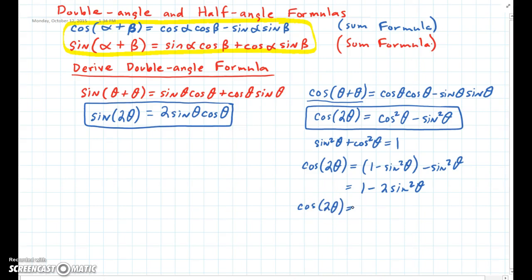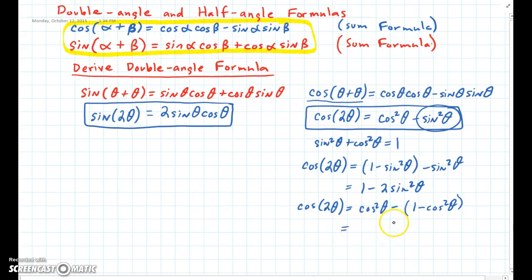Also, I can substitute in for sine squared, which would give me 1 minus cosine squared theta minus cosine squared theta.